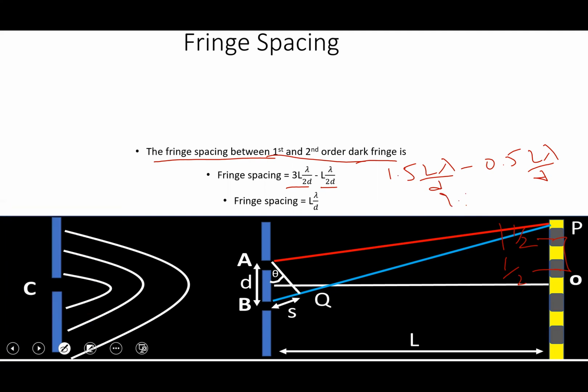It will be 1.5 minus 0.5, and we have taken common L lambda divided by D. So it will get 1 L lambda divided by D. So the fringe spacing in this case will be equal to L into lambda divided by D.